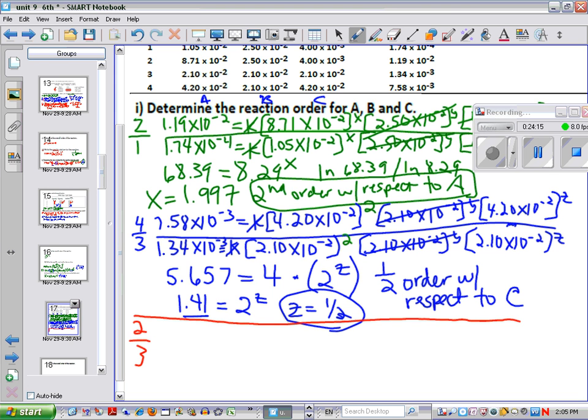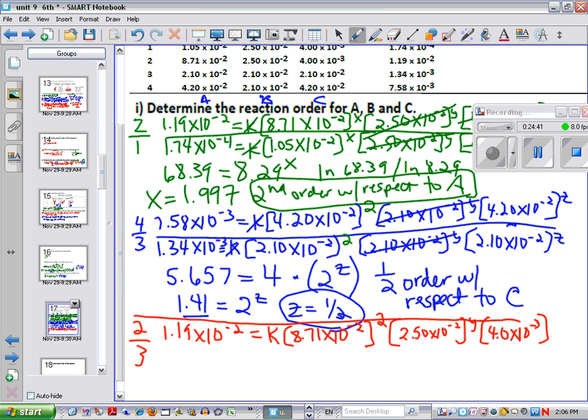All right. And so I'm going to do 1.19 times 10 to the negative second equals K times 8.71 times 10 to the negative second. What do we do there? Squared times 2.50 times 10 to the negative second. We don't know y yet. Times 4.0 times 10 to the negative third to the half.